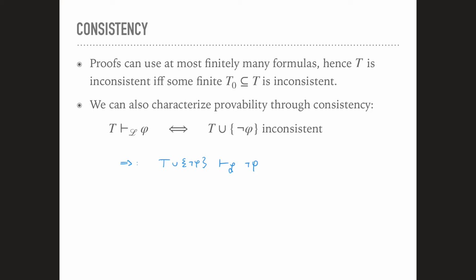Now for the other direction, if we assume that T union not phi is inconsistent, that means by the proposition we had on the previous slide that T union not phi proves everything.